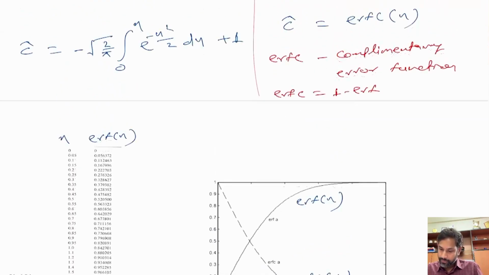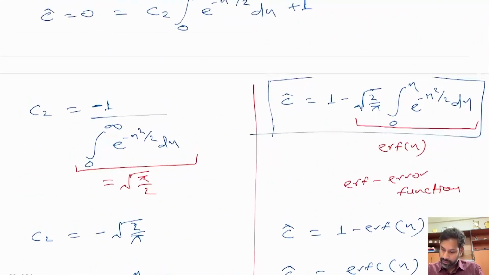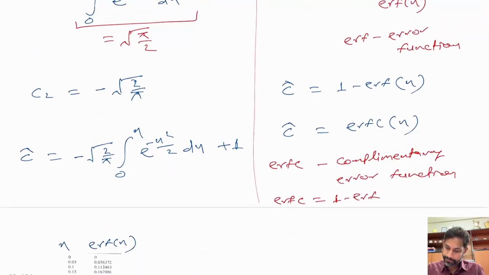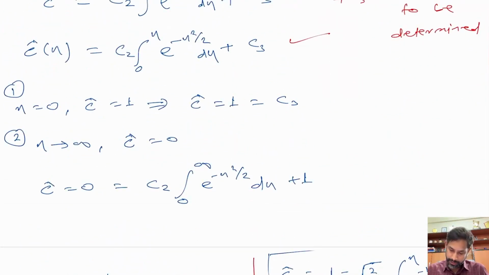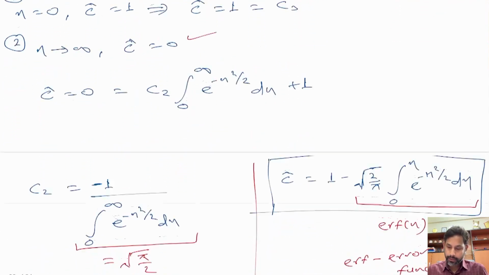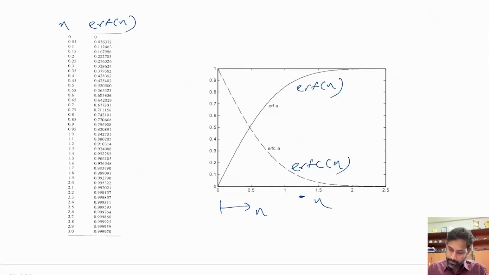And that is why, if you look at this equation, the solution that we have got for given boundary conditions, this is condition 1, this is condition 2. At eta equal to 0, you can see your concentration here is equal to 1, and as eta goes to infinity, C hat is equal to 0.